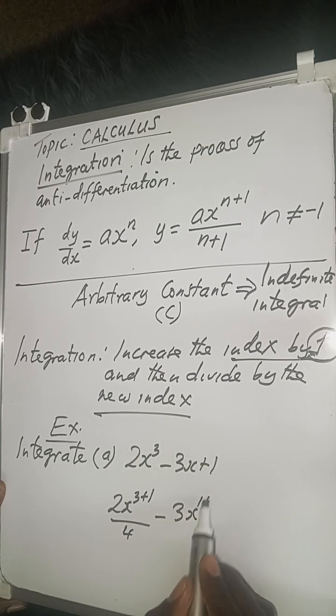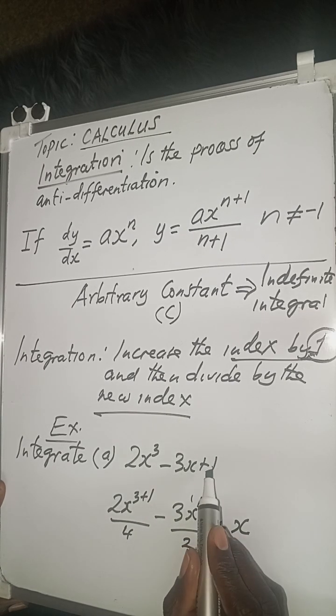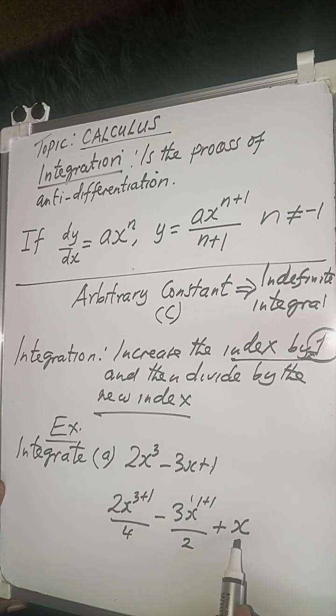Remember that there's a 1 plus 1, the new power there is a 2. If you just have a number, give it a letter. So because that is just 1, it will just become x. Please don't write 1x, that is wrong, just x, but you put up a c there.